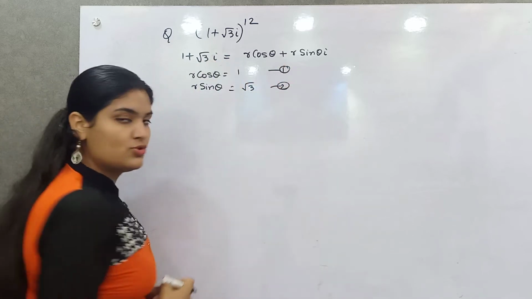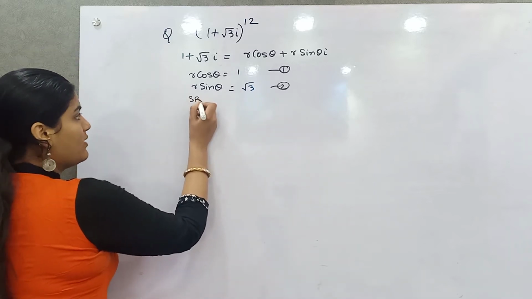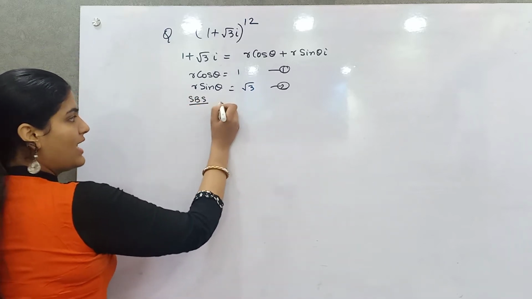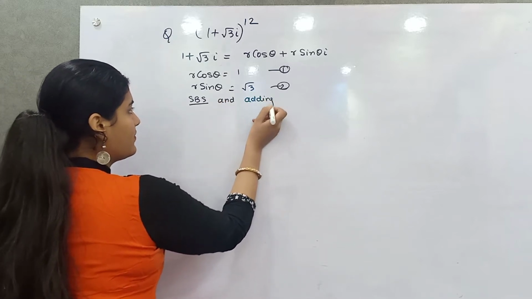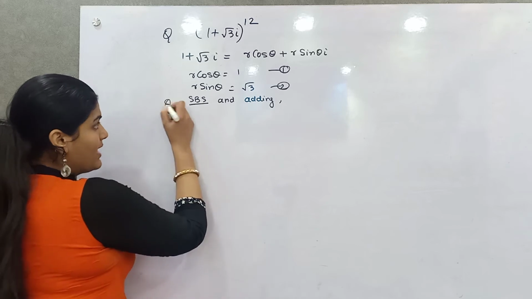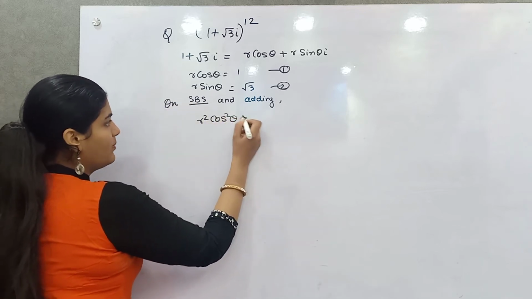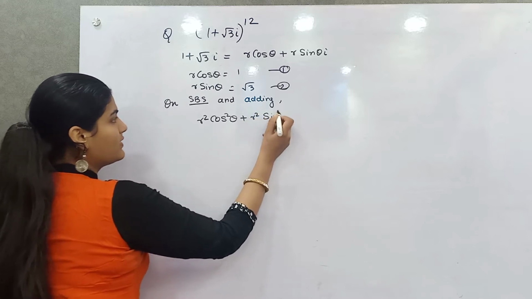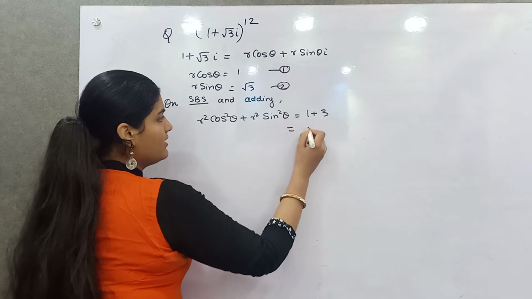To solve these two, what we usually do is square both sides and then add them. On squaring both sides and adding, r square cos square theta plus r square sin square theta equals 1 square, which is 1, plus root 3 square, which is 3, so 4.